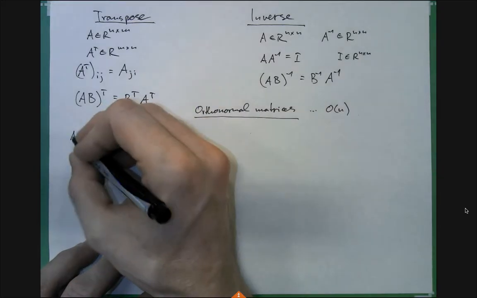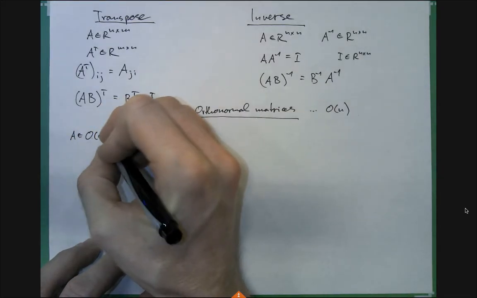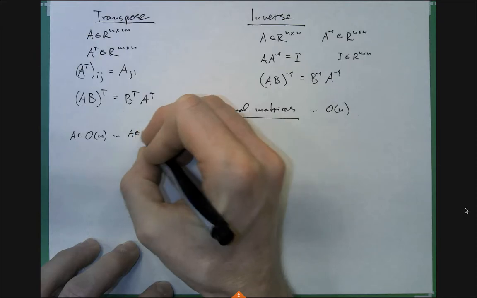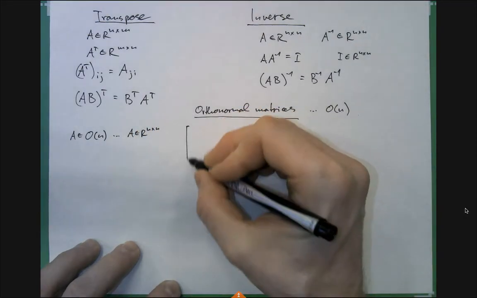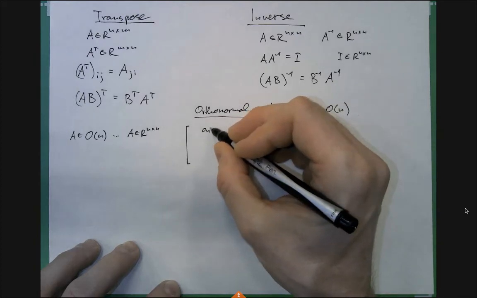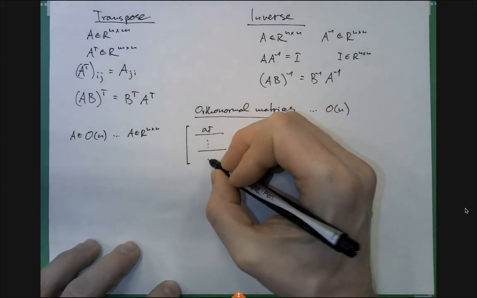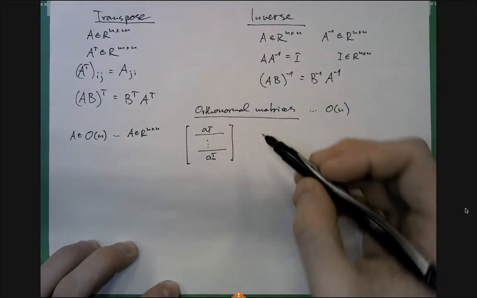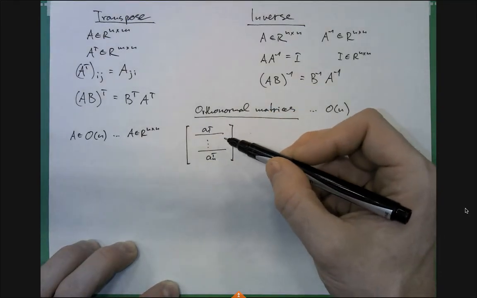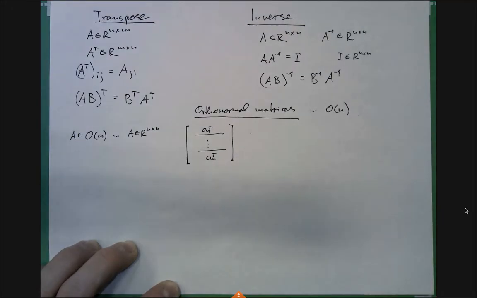If I had a matrix from O(n), that means it's an n by n matrix, but not just any n by n matrix. If I write the rows of the matrix as a1 to an, for the matrix to be orthonormal, what must be true for the rows of the matrix?